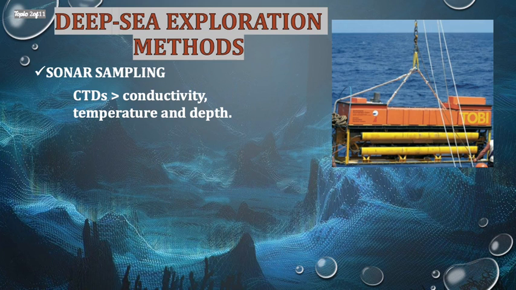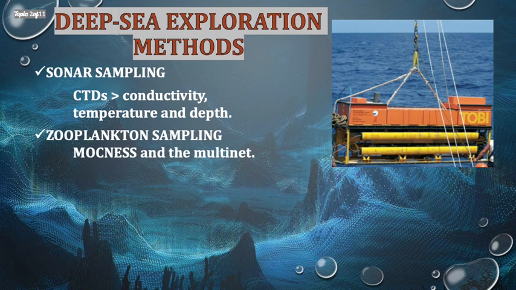The picture on the right is an example of a deep-towed side-scan sonar, or CTD, that can produce an acoustic image of the seafloor with detailed geophysical information at the bottom of the ocean.